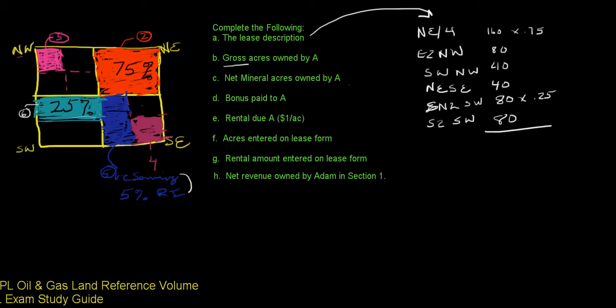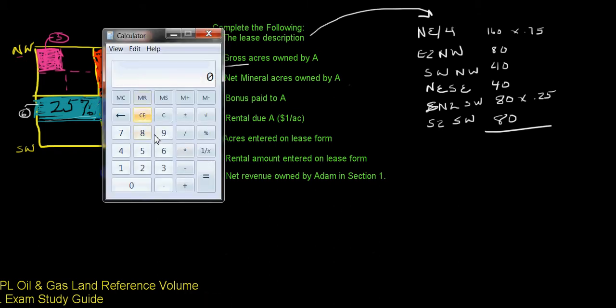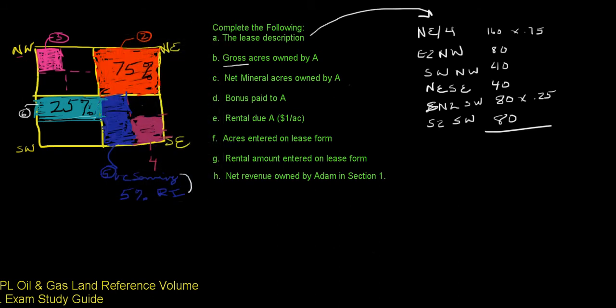So let's get out our calculator. This is going to be 160 plus 80 plus 40 plus 40 plus 80 plus 80. So our gross acres is going to be 480.